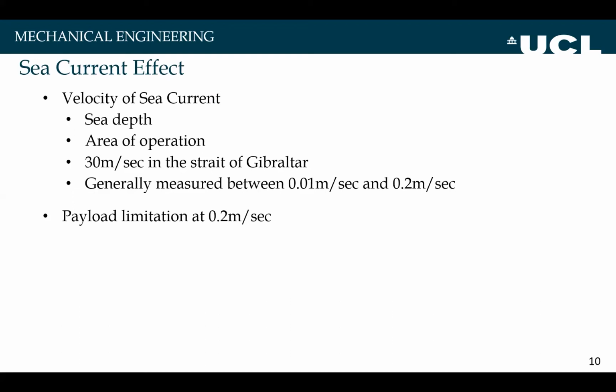In some of the areas, such as the Strait of Gibraltar, the sea current can go up to 30 meters per second. But generally, they are measured between 0.01 meter per second and 0.2 meter per second. So keeping the maximum of this range, the sea current was kept at 0.2 meter per second, and then the payload limitations were set accordingly.